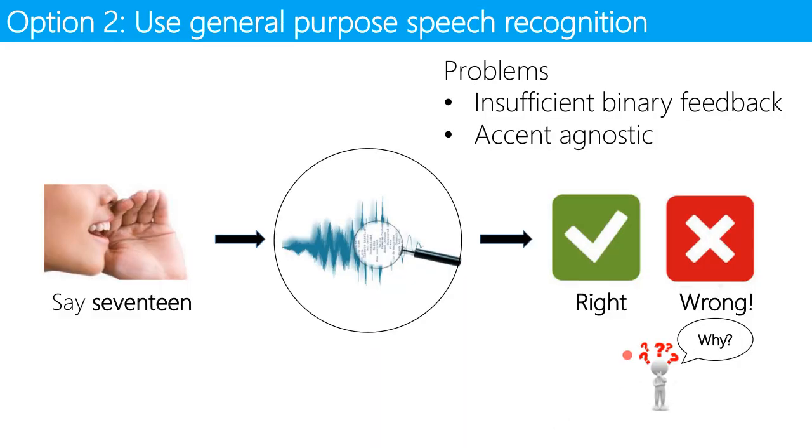The second option for a language learner is to use some type of software that provides general purpose speech recognition technology. There are several examples of this in the market, Rosetta Stone being one of the top ones. Duolingo also has some speech recognition functionality. However, the problem with these systems is that their speech recognition is designed to be general purpose.